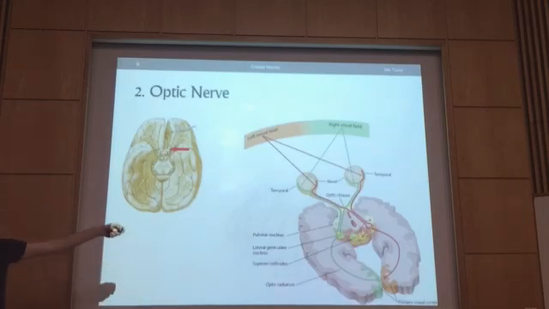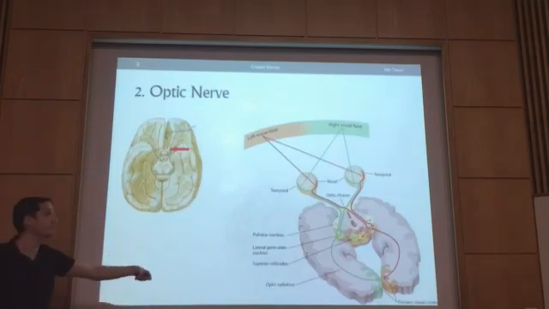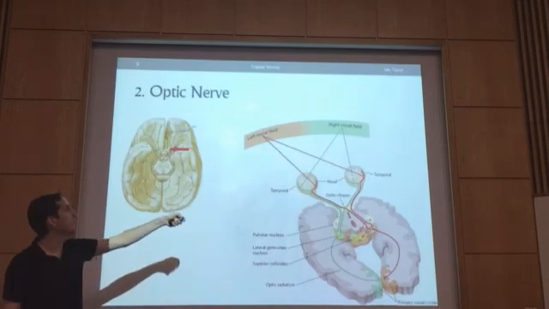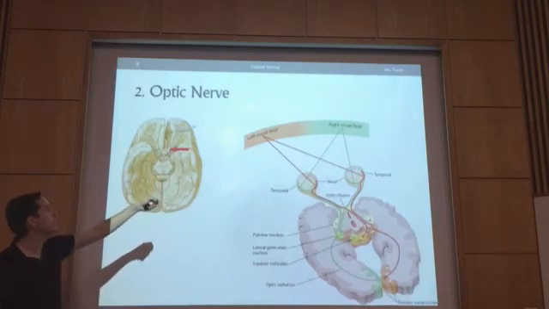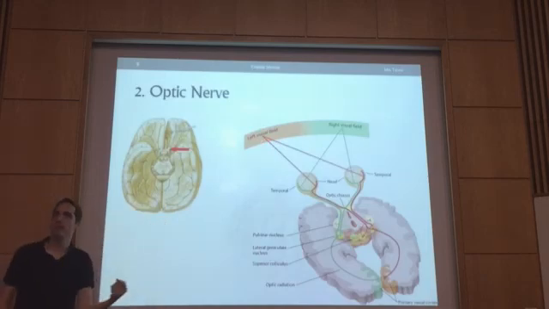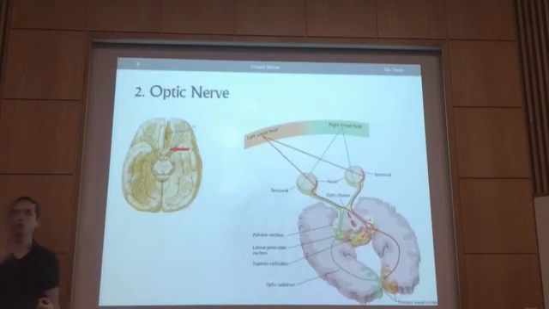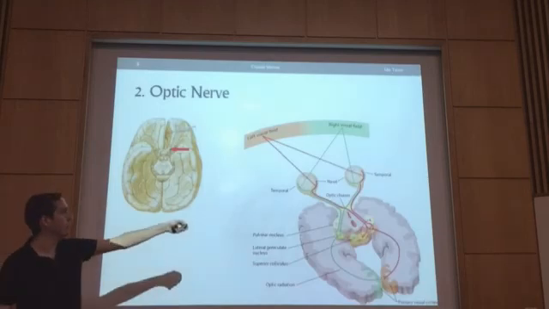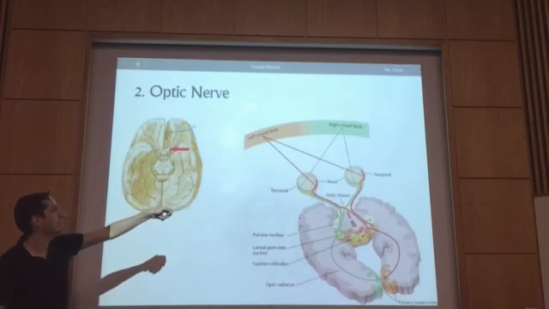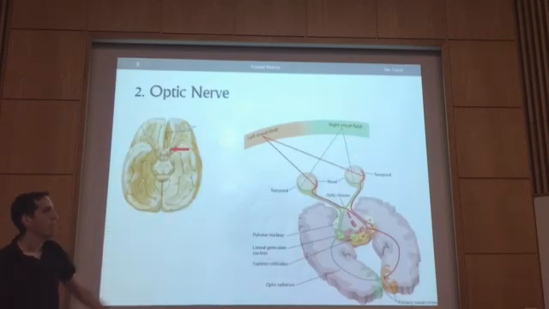And if you think about the eye, the retina gets information from both visual fields. So the temporal part of the retina gets information from the contralateral visual field, and the nasal part of the retina, the part of the retina that is close to the nose, the nasal or medial part, gets information from the ipsilateral, from the same side of the visual field.